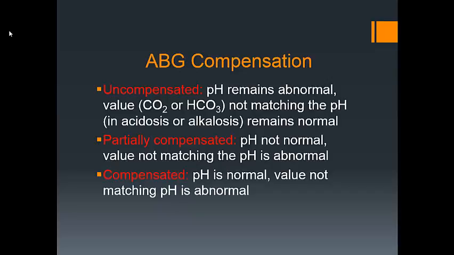Partially compensated, the pH is still not normal. However, the value not matching the pH in acidosis or alkalosis is abnormal. Compensated, the pH is normal, and the value not matching the pH in acidosis or alkalosis is abnormal.